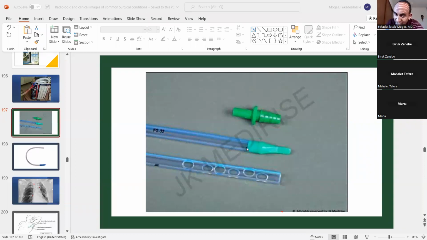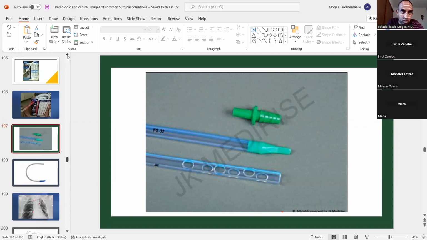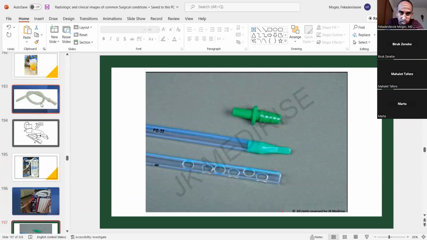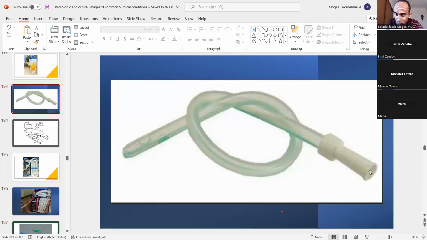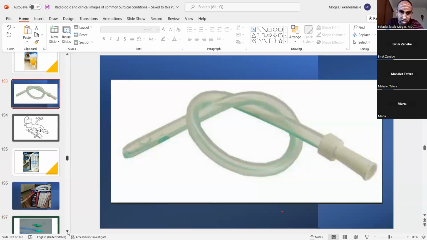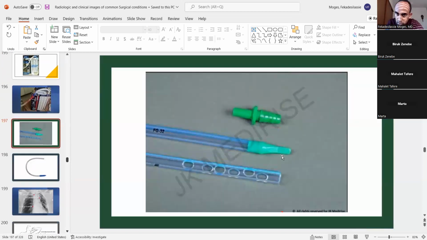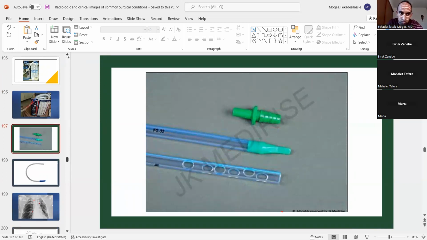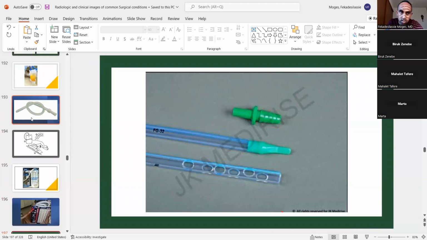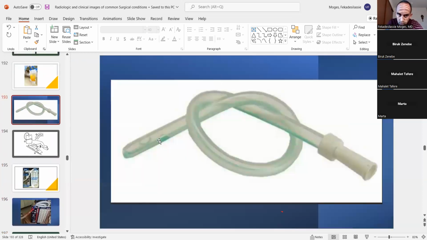At the end, it's closed, as compared to the rectal tube, which I am going to bring. This tip is open, whereas the chest tube, you can see here, is closed. The other end has 1, 2, 3, 4, 5, 6 holes as compared to this one, only 2 holes.